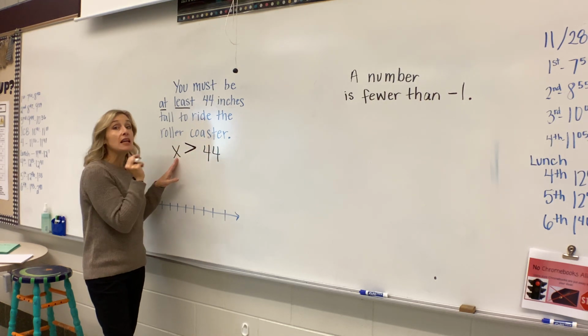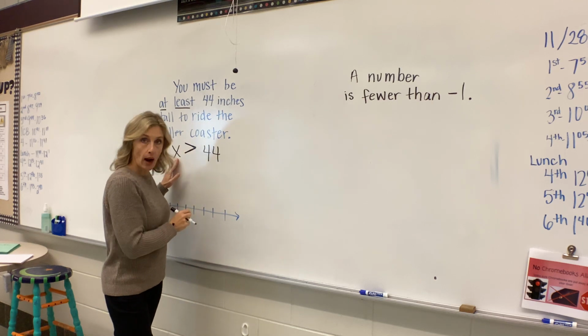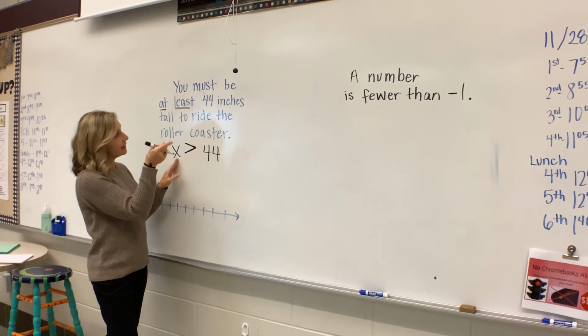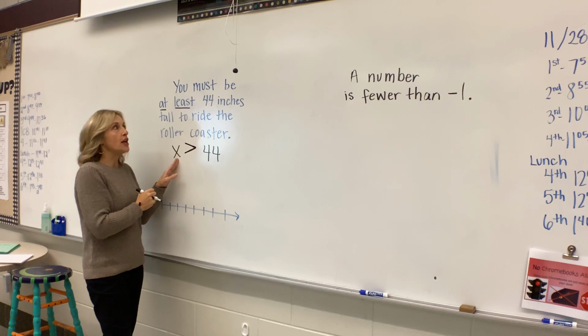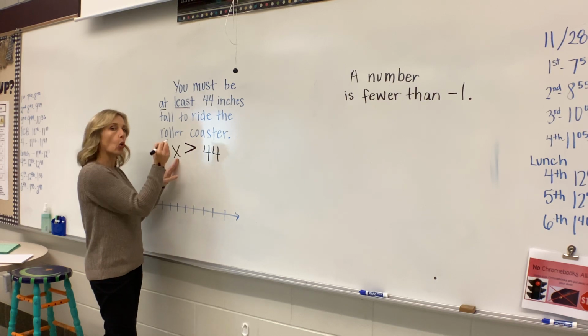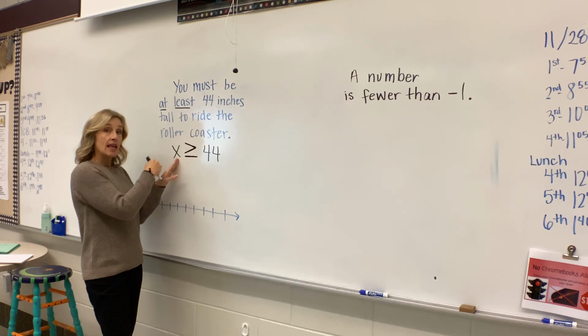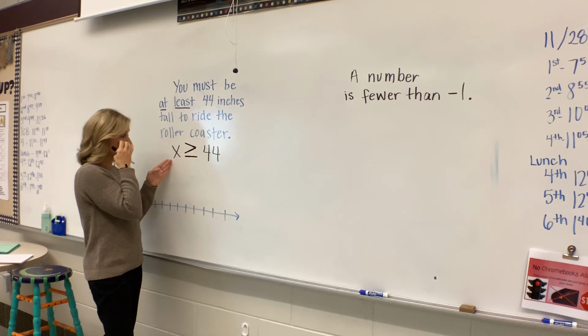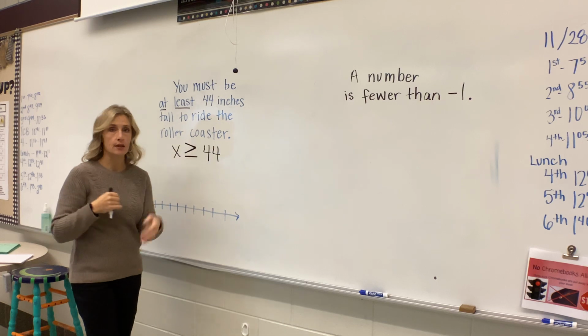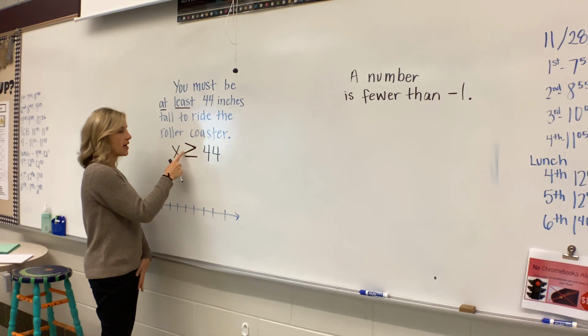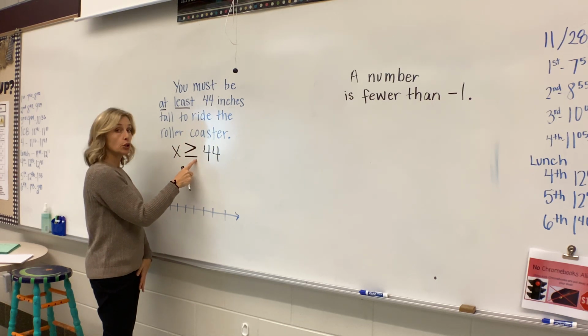Can the person be 44 inches tall and ride the ride? At least means that yes, they could be 44 inches tall or taller. So I'm going to add an equal to sign here. This now says x, which stands for the height of the person, has to be greater than or equal to 44 inches.